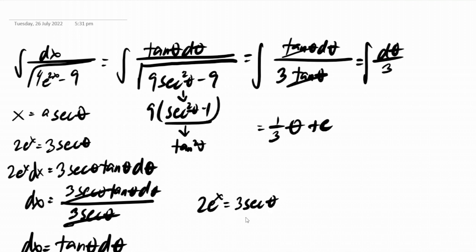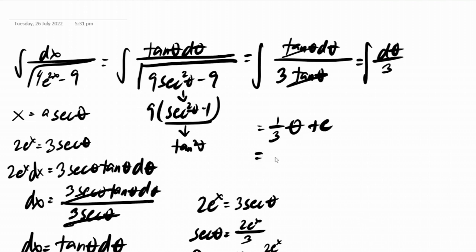So we divide both sides by 3, that is secant theta equals 2e^x over 3, and we also need to transpose secant to the other side, so our theta is equal to arc secant of 2e^x over 3, and that is our theta.